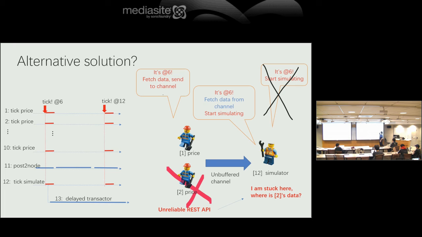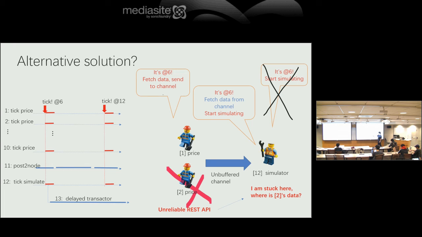When it's at the tick time, he fetches the data from the channel and starts simulating. So what's the problem in here? Because we're using the exchange REST API from the internet, it is not reliable. The API could deny your request. It could be down.